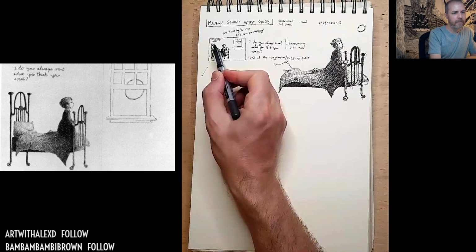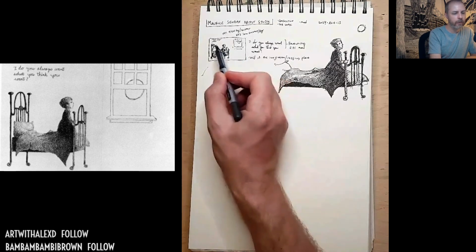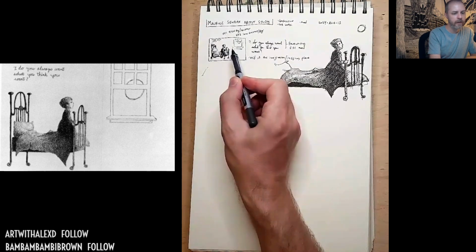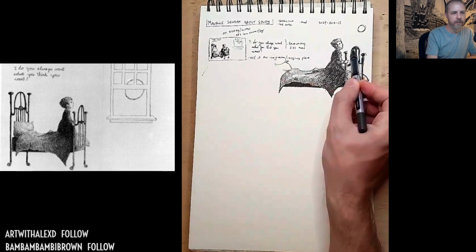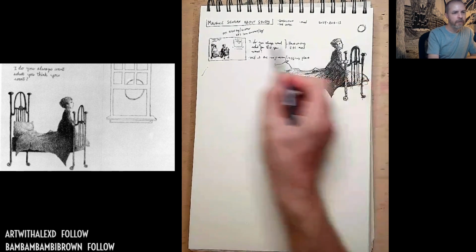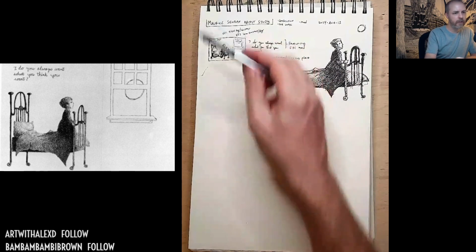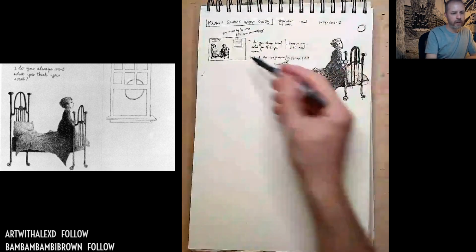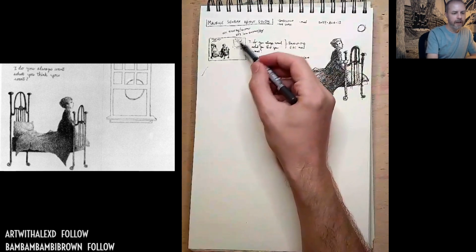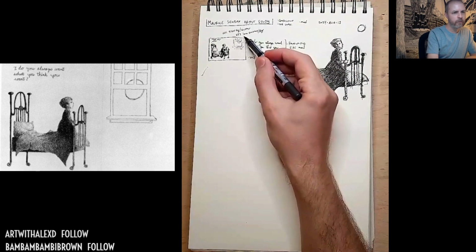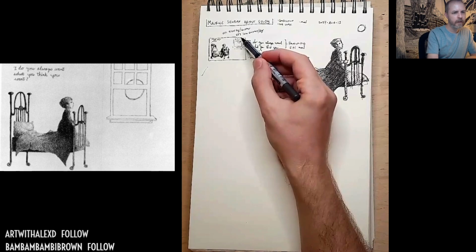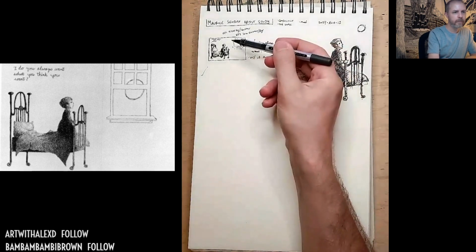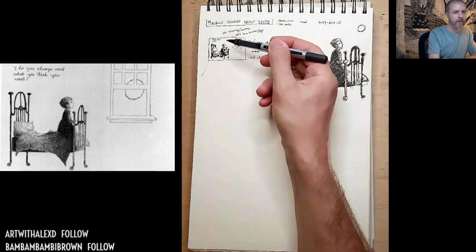Then we have that diagonal that goes through the child's head and above here, like I said, he's kind of looking over this, and that diagonal brings us down to the corner of the window here. That axis of the moon brings us back up, and squares coming back this way.